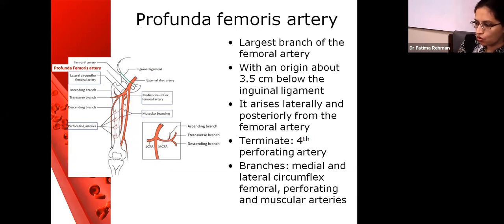During its course, it gives off many important branches, like the lateral and medial circumflex femoral arteries, and it gives off the muscular branches to the muscles of the posterior compartment of the thigh, as well as the perforating branches. 4 perforating branches are basically given off by the profunda femoris artery, or rather I would say 3 branches are given off from the profunda femoris artery, and the 4th perforating one is actually the direct continuation or the direct termination of the profunda femoris artery.